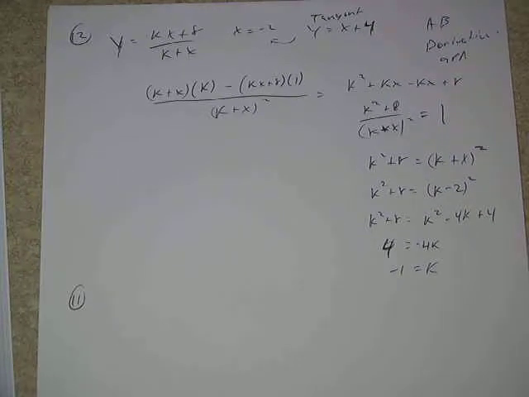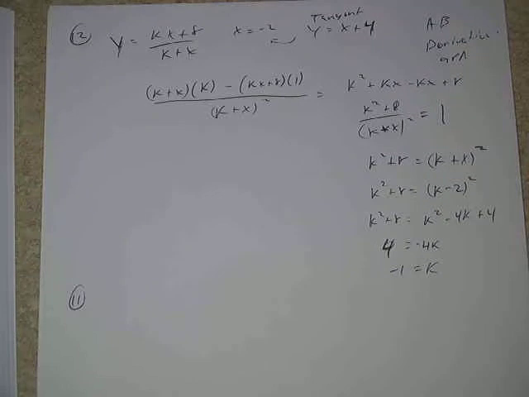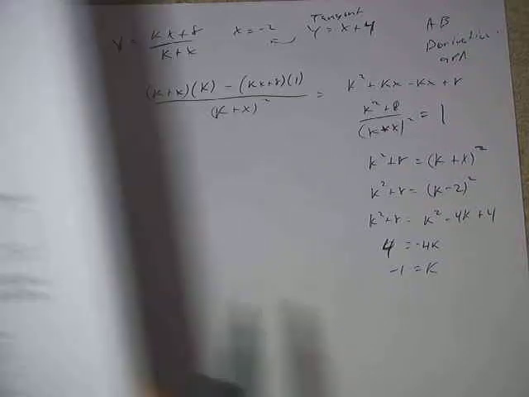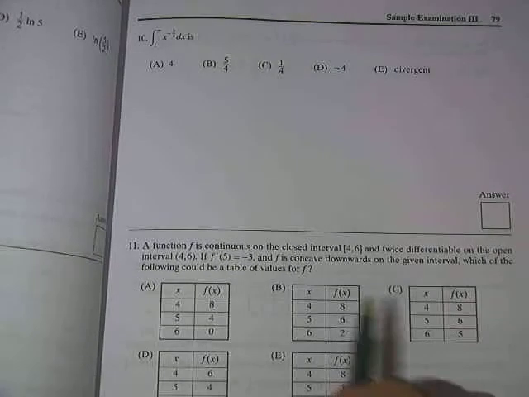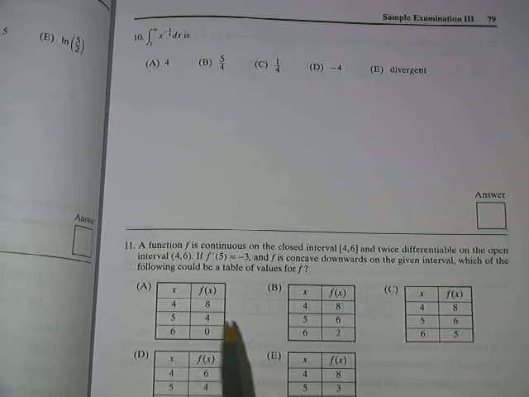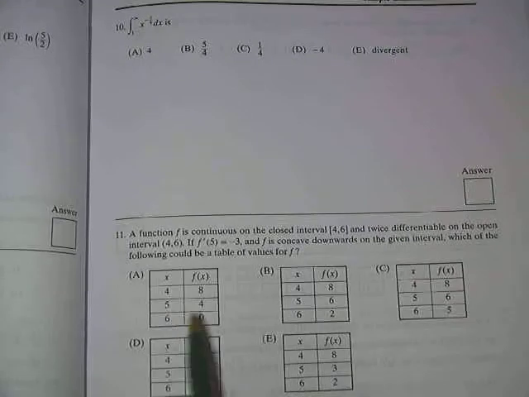Again, knowing that f is a continuous function, keeping that in mind. It's also twice differentiable. That means it has a derivative and a second derivative. And out of our choices here, we know the derivative at 5 is equal to negative 3. So looking at our choices, keeping in mind that it's also concave down, that might do us some good here. Let's see if we can rule in or rule out at this point.